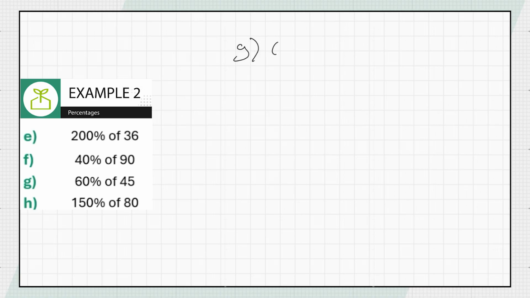If we look at G, we have 60% of 45. And that's 60 out of 100 multiplied by 45 over 1. Alright, so first up, we're just going to cancel this. I'm going to divide the bottom by 10 and get 10, the top by 10 and get 6. Right, I can then cancel it further.